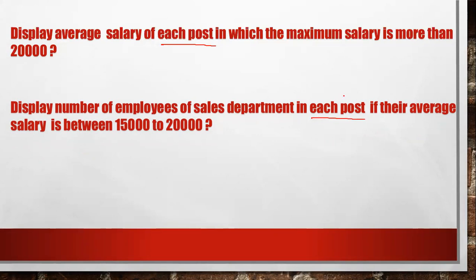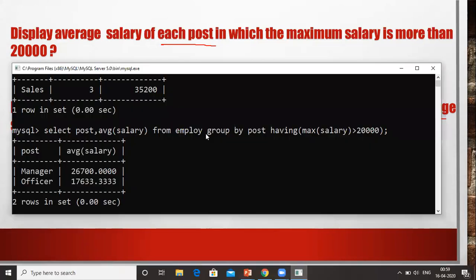So we understand that we have to apply group by on the post. Okay, but there is one more condition given, if their average salary is between 15,000 to 20,000. Okay, so let's perform this query.